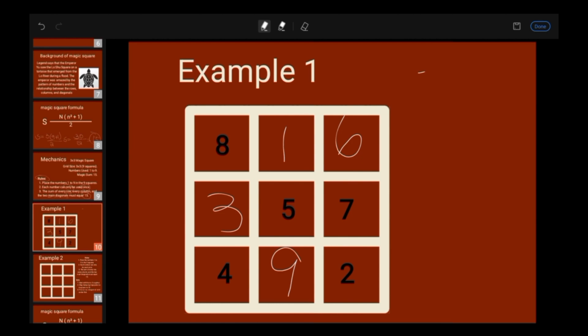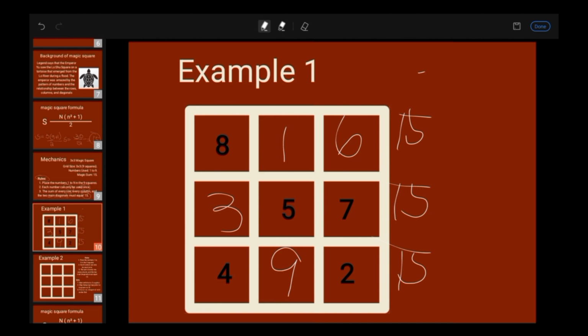8 plus 1 plus 6 is 15. 3 plus 5 plus 7 is 15. 4 plus 9 plus 2 is 15. Yung column yun ha.